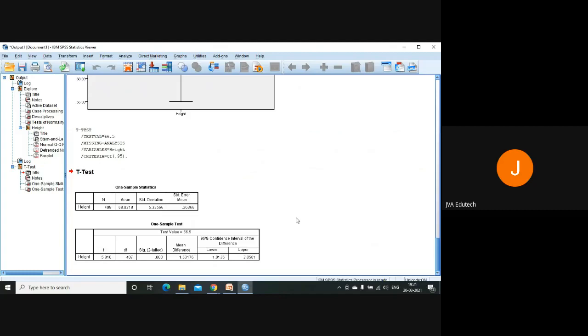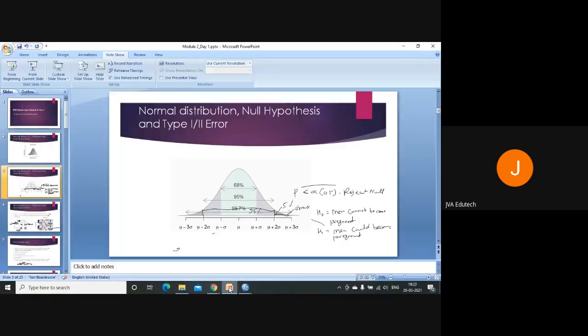The t value is 5.810 and the significance value is 0.000, less than 0.05. The null hypothesis is rejected. If the null hypothesis is rejected, it means that our mean value from the sample is different from the population mean. You just see our hypothesis.